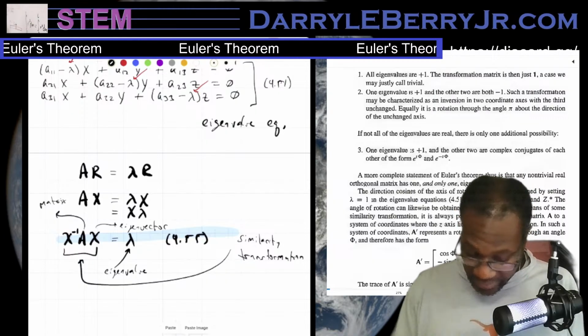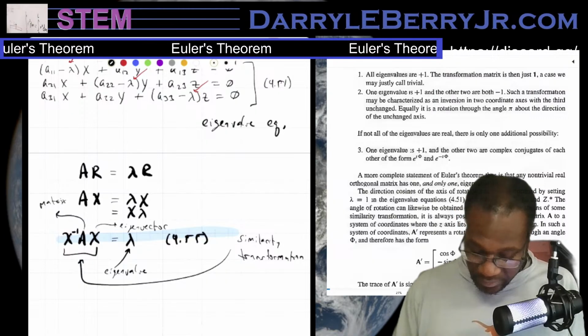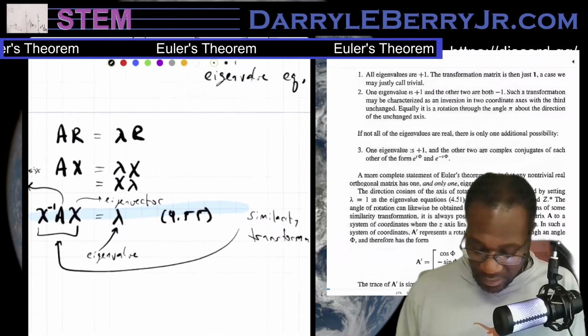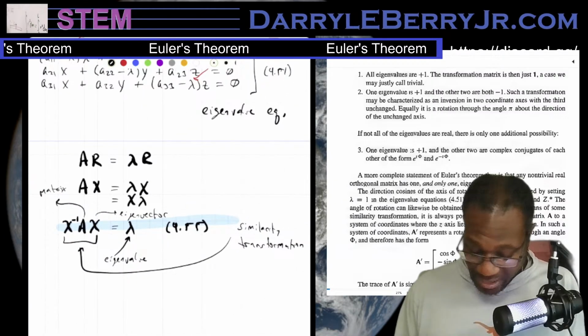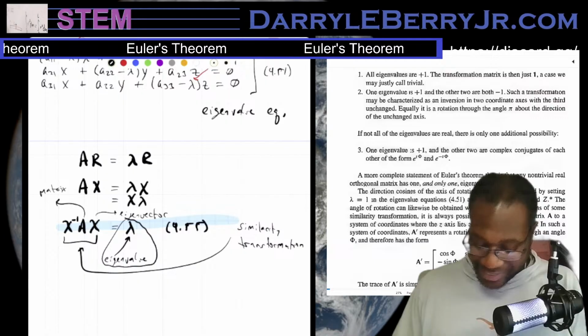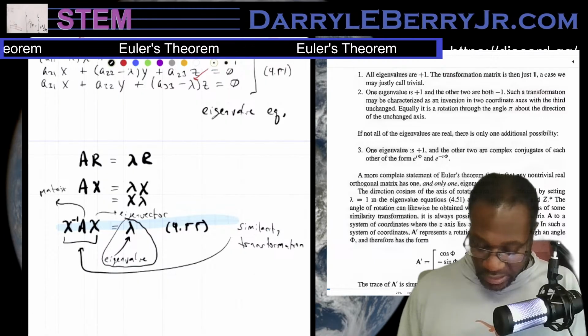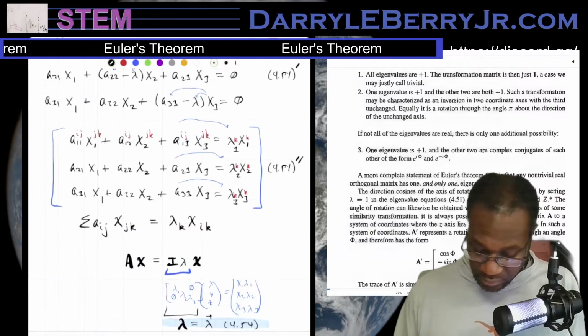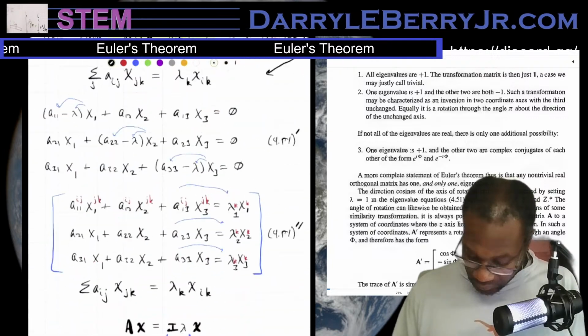Keep in mind that this eigenvalue, as we talked about in the earlier video, is going to be a valid, unique, non-zero answer only when the determinant of this equals 0.